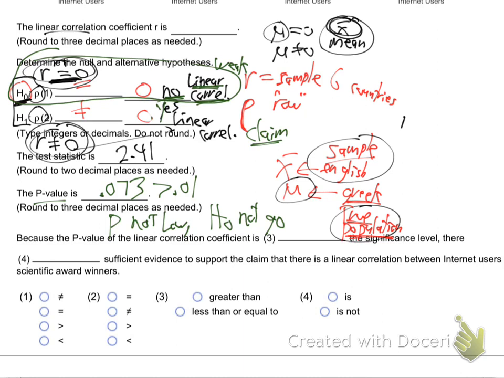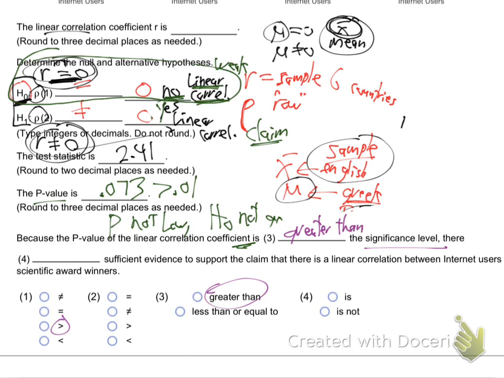All right. So, how can we answer these questions at the bottom? Because the p-value of the coefficient is greater than the significance level, isn't it? Greater than the significance level.